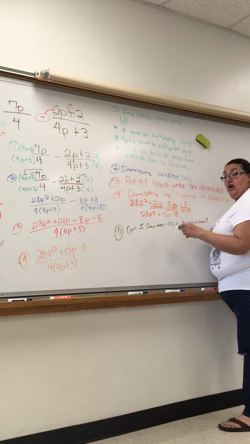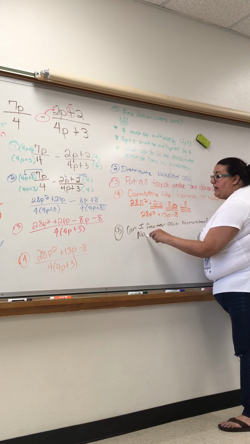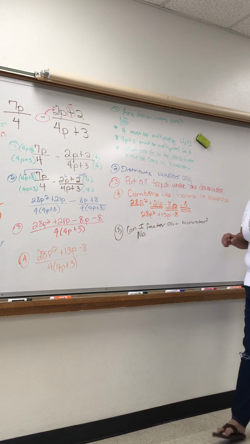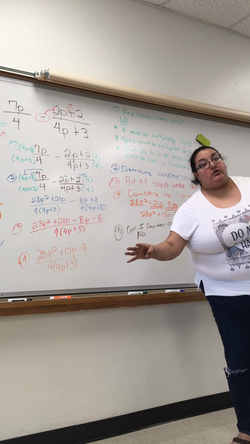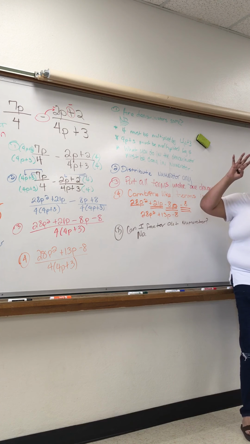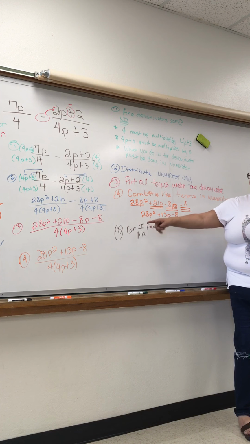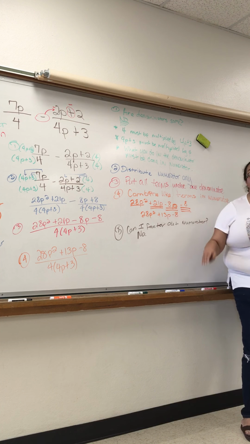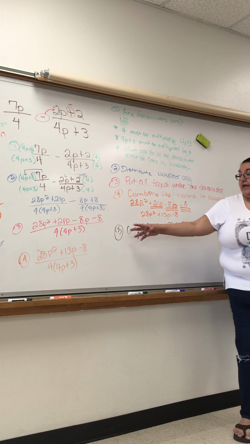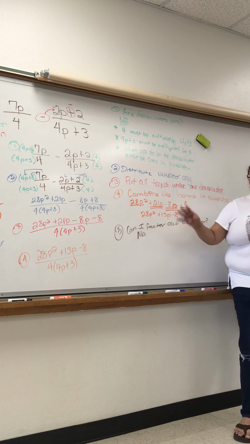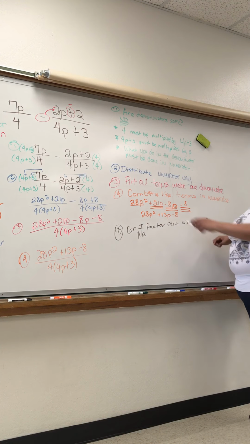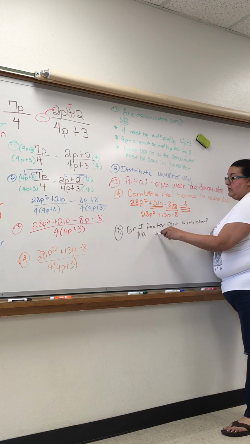The answer is no. Please see the chart that says subtracting rationals, and you will see it. We went ahead and put the factors for 28p squared plus 13p minus 8, and we found out that none of those factors work to get me what I need. So the answer is no. So step 4, so 4 is your final answer.